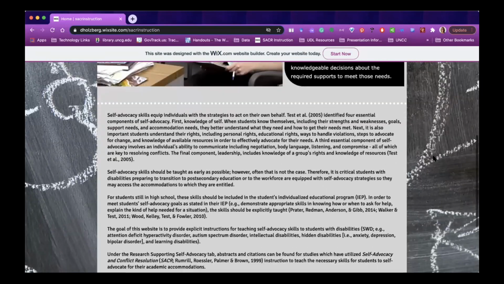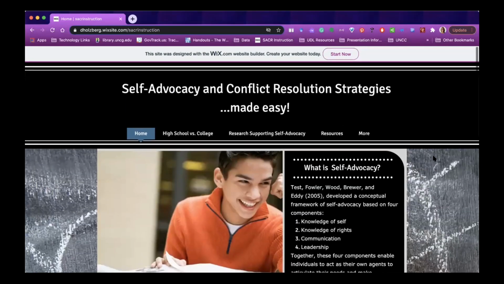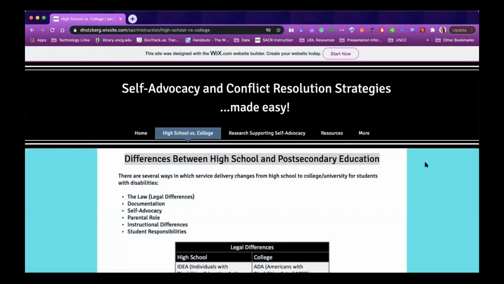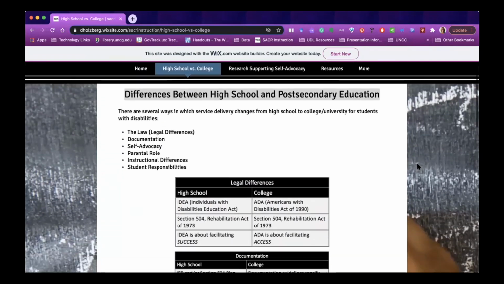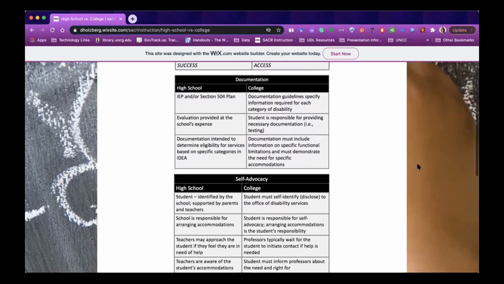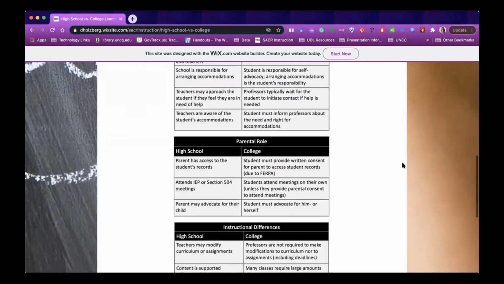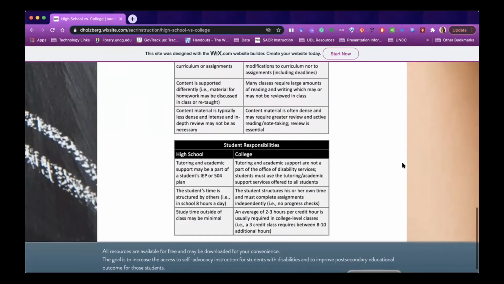So scrolling through the first page gives you just some background, okay? The next tab on this is really the differences between high school and post-secondary ed. And it lays out the legal differences, the documentation, self-advocacy responsibilities, the role of a parent or guardian, instructional differences, and then the student responsibilities.